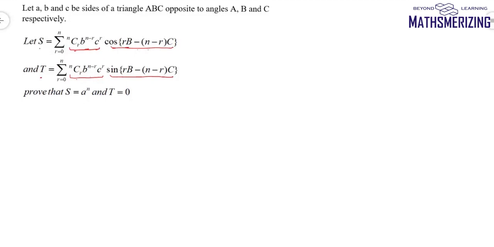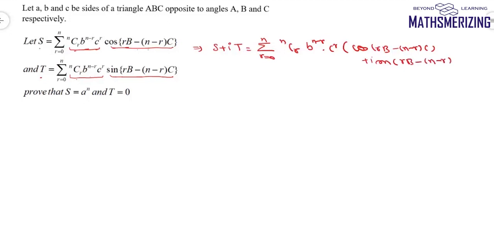So what I'll actually do is, I'll write S plus iota T. Then if I take this summation, I can write it as summation r varies from 0 to n, nCr b to the power n minus r into c to the power r, and then it'll be cos(rB minus (n minus r)C) plus iota sin(rB minus (n minus r)C).